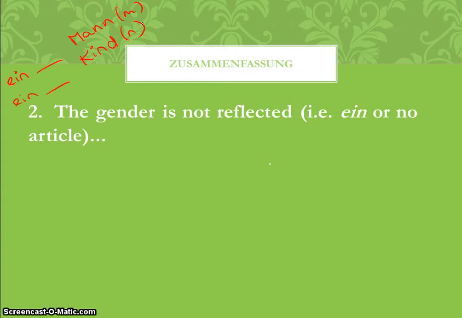So if it's not reflected, then we have to do something else, because remember the purpose of adjective endings really is to identify the gender in the case of the noun that it describes. So if we don't have an article or we have an ein that could be either masculine or neutral, we have to become more specific.